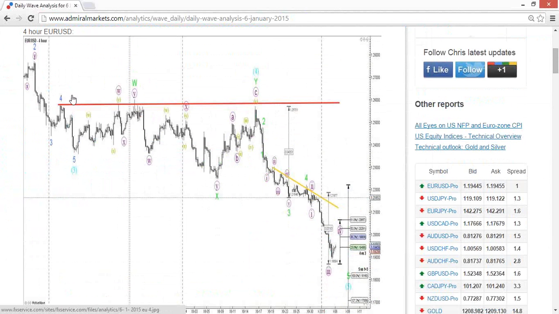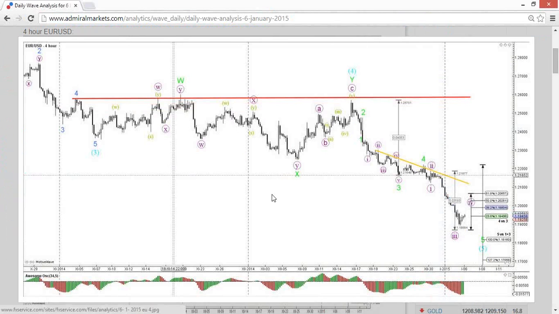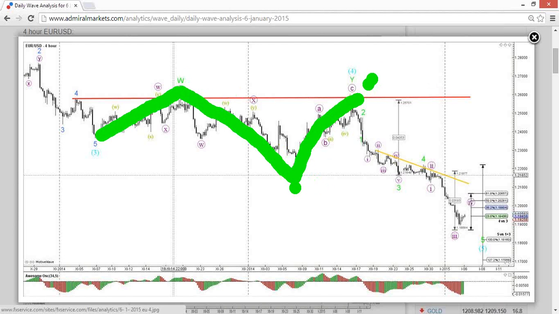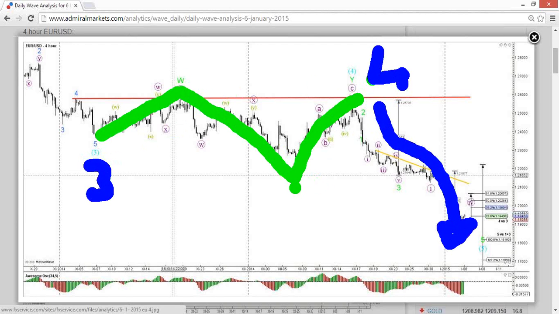When you look at the euro dollar 4-hour chart, you see that we had a very lengthy wave 4, W green, WX green, W green, X green, Y green, like this, to complete the blue wave 4. Here's the blue 3, here's the blue 4, and then now we've been in the blue 5. That blue 5 surprised me because I was expecting actually a bigger consolidation.